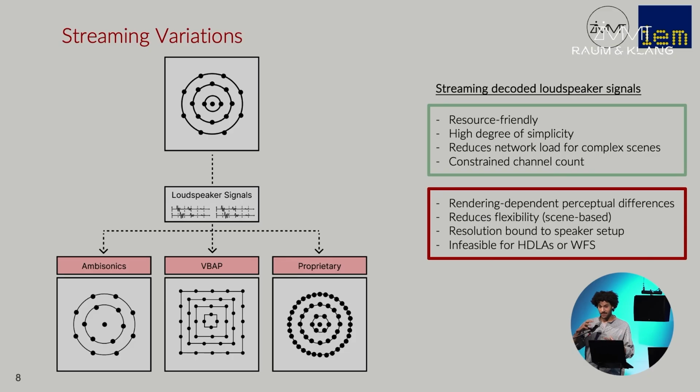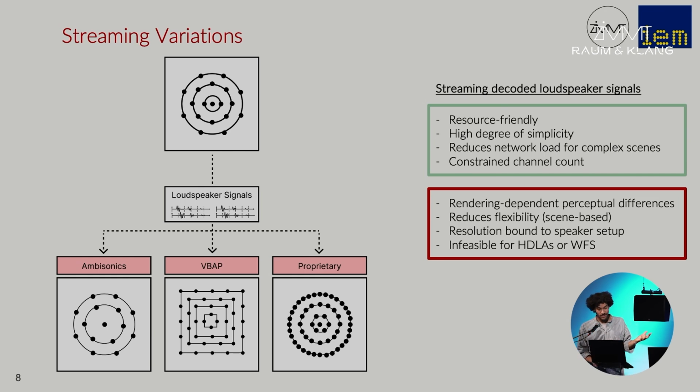The flexibility trade-off also has a price: we basically collapse the object-based representation into a scene-based one, which means that we have a fixed spatial image, and we cannot process that afterwards, which might be quite useful. In addition, the transmitting venue's sound system basically defines the spatial resolution, because if we stream a sparse array, then that's a sparse resolution that we provide.